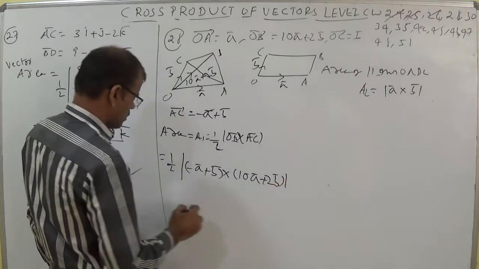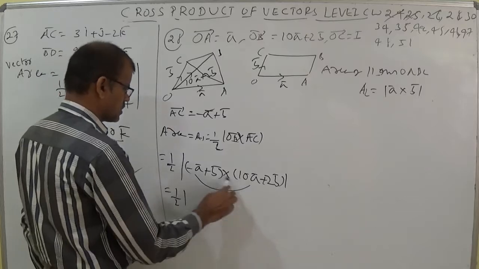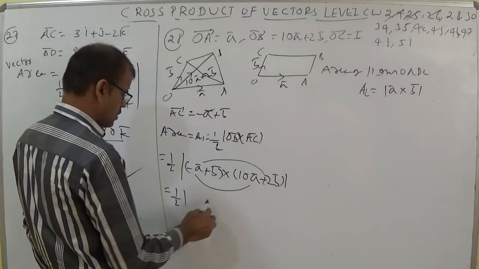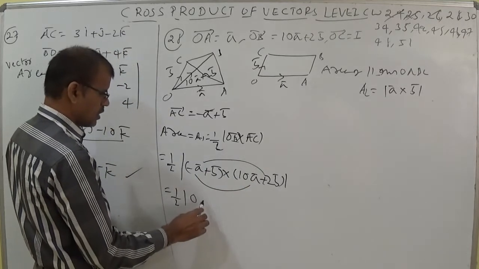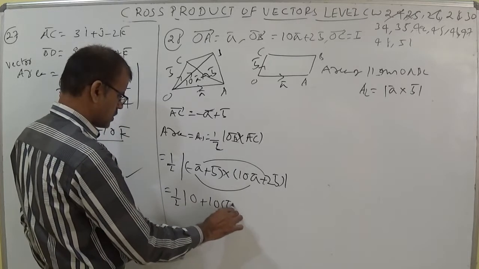That is equal to 1 by 2 into a cross a, no need to write it because it is 0, and b with b, 10 into b cross a.